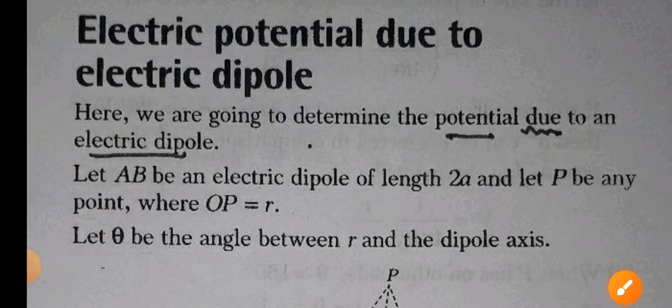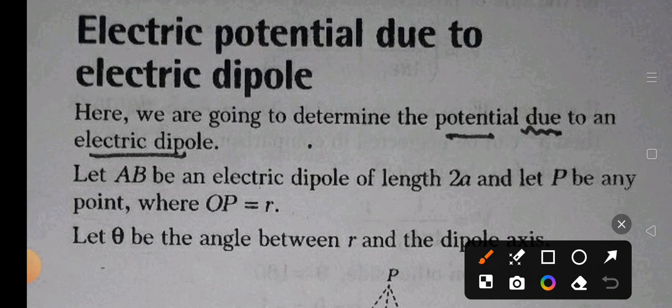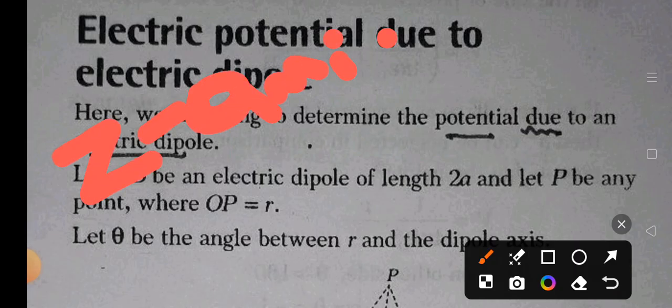Now we will see case number 1. If the point lies on the axial line, suppose the z axis, so z is equal to plus minus r.